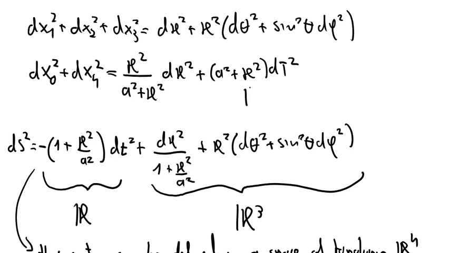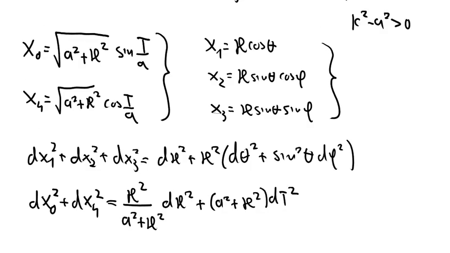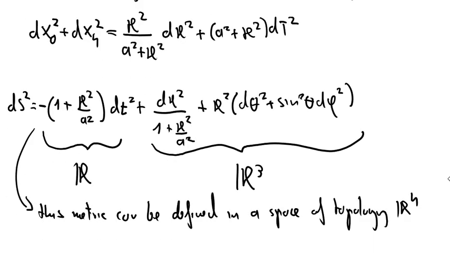So in addition to these coordinate changes, one has to do a rescaling of capital T. So one introduces small t by means of this relation. Okay, sorry about this mistake. Anyway, this is our metric, and this is a metric in a space of topology R4.